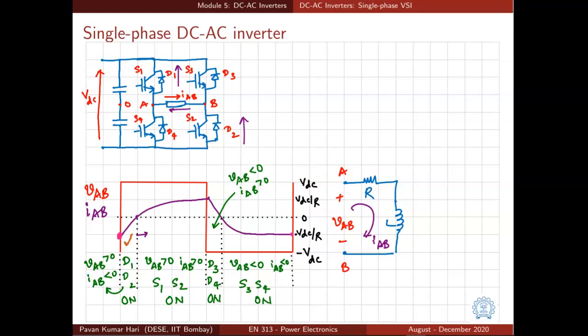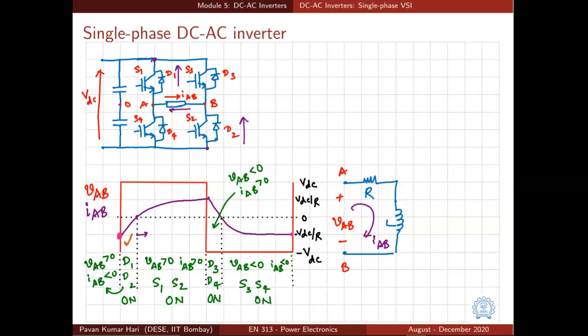But the voltage VAB is definitely positive. Why? Because A is connected to the top and B is connected to the bottom. A is connected to the positive DC terminal and B is connected to the negative DC terminal. So the voltage across the load is positive, but the current flowing through the load is negative.